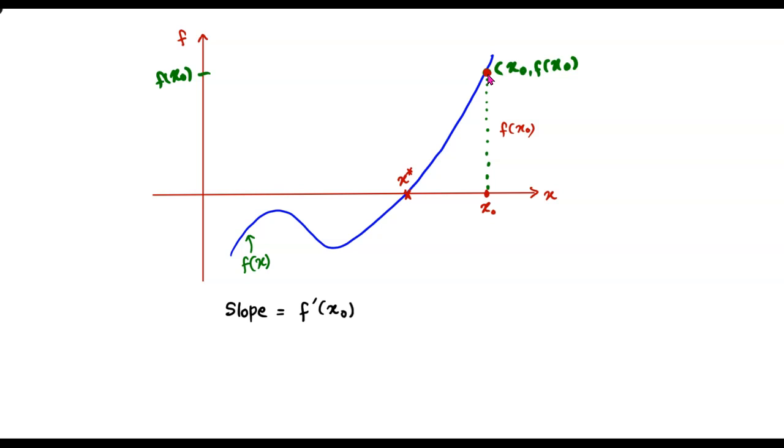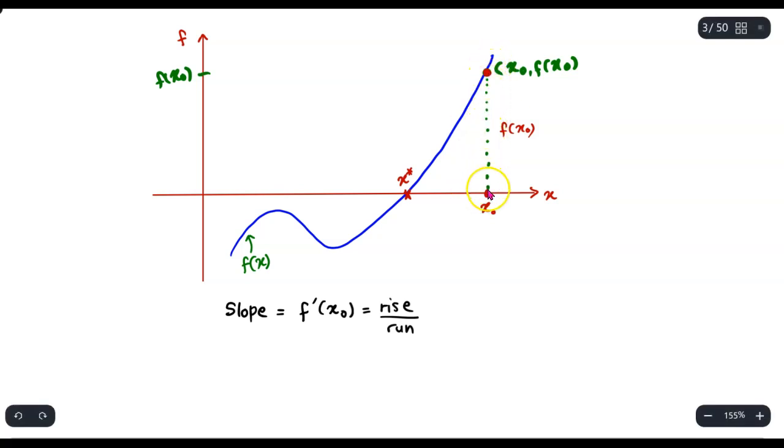So the slope is basically f prime of x naught, and we know that the derivative f prime, in layman's terms, is rise over run. What is rise? What is run? Rise is the change in terms of y, and the run is the change in terms of x.